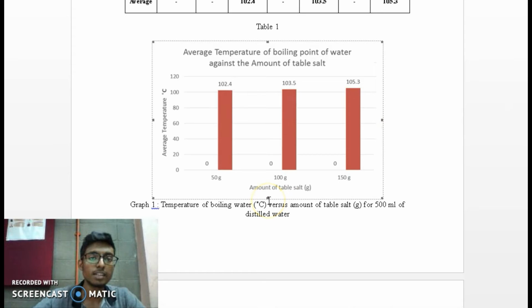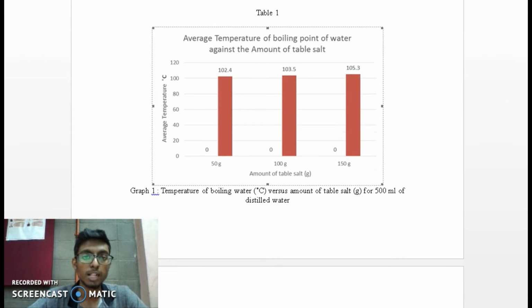So we can easily understand from the bar chart that when the amount of table salt increased from 50 to 150, the temperature also slightly increased from 102.4 to 105.3 degrees Celsius. This is because the salt contains two different ions, which are sodium and chloride ions.